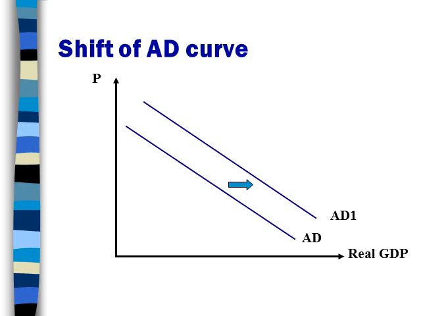That could come from consumption C, your investment I, your government G, exports X minus imports M. So if any of the plus components go up, it will cause your curve to shift to the right. Or if your minus M becomes smaller, it will cause your curve to shift to the right. And vice versa.